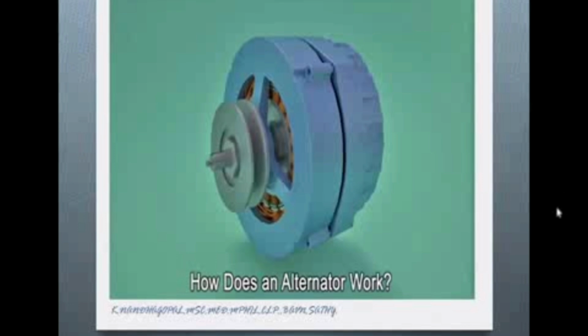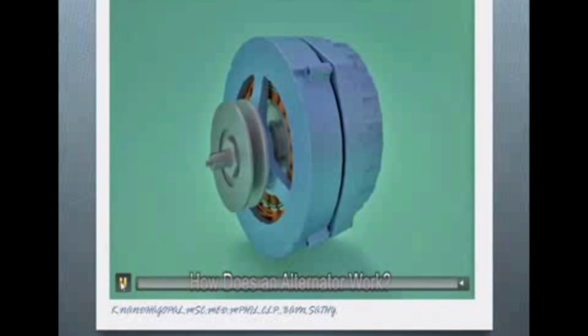So it has two important parts: one is the stator and one is the rotor. Both are coils, but one coil is used as the magnetic field and the other coil is used to produce the current. See the alternator's parts.